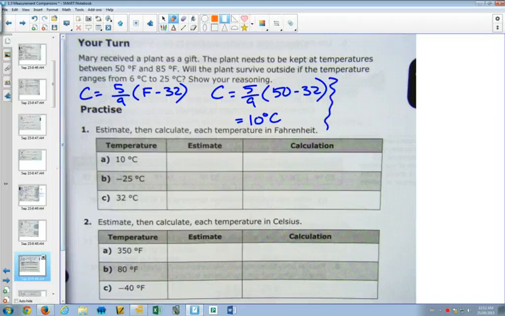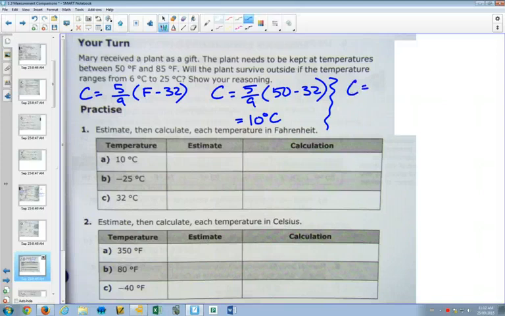If we figure out the other one, 85, and we want to figure out how much 85 is in Celsius: 5 divided by 9, bracket, 85 minus 32, bracket, 29.4.